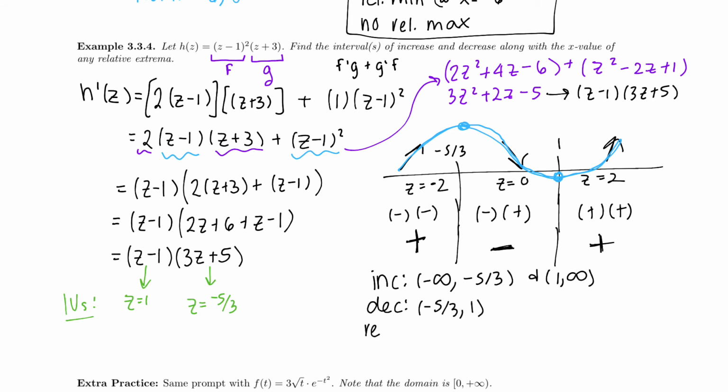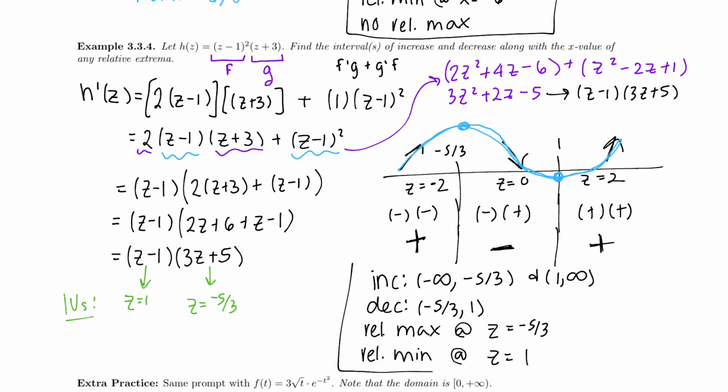We have a relative max at z equals negative 5/3. And we have a relative min at z equals 1. And you could also say x equals, because technically they are x values. So you could say x equals negative 5/3 and x equals 1. That would be fine.